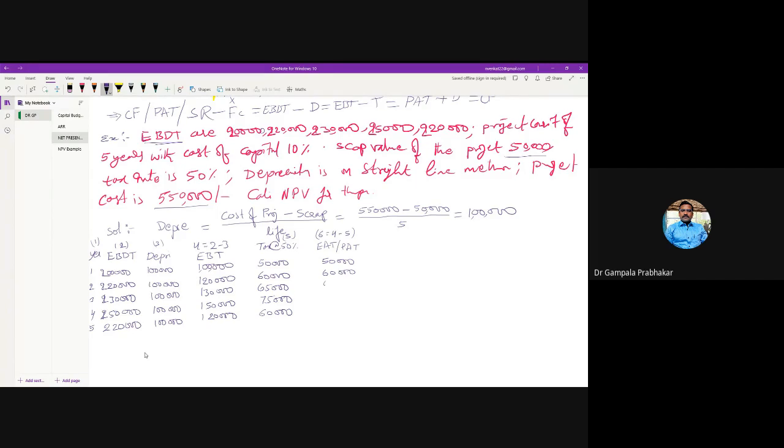Obviously 50%, so the same values you can write here: 60,000, 65,000, 75,000, 60,000. Half of the amount we paid in the form of tax, and the remaining amount is left for our business as profit after tax. To this we have to add depreciation, the seventh column.